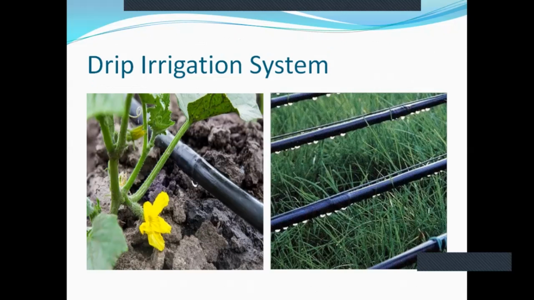Okay, children, before we go to drip irrigation, I would like to share an interesting story related to this irrigation, and it is about Israel. I hope you know that Israel has the Negev desert, a barren area.